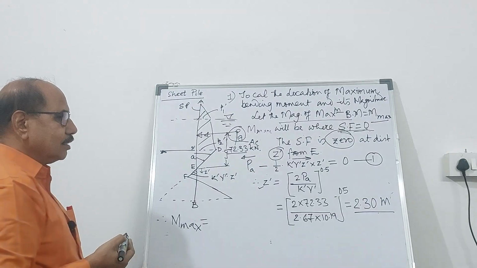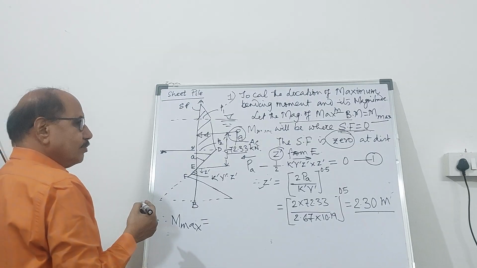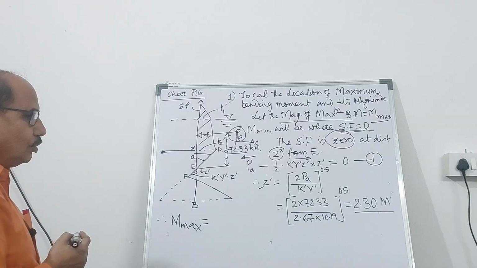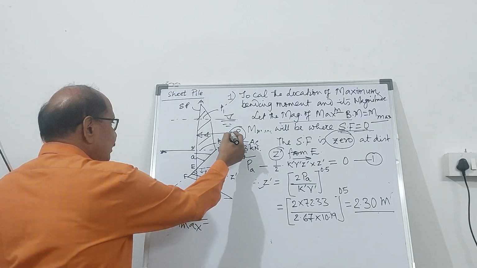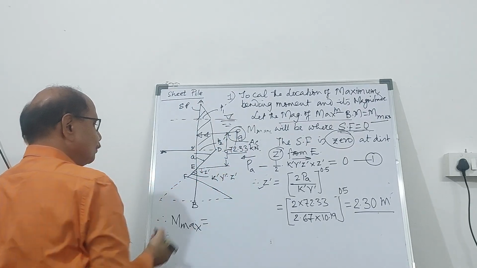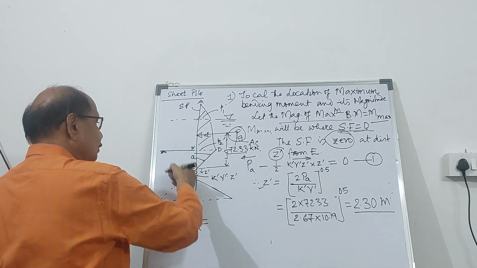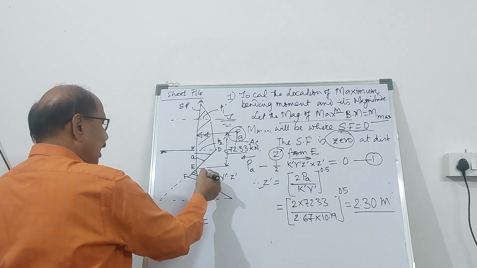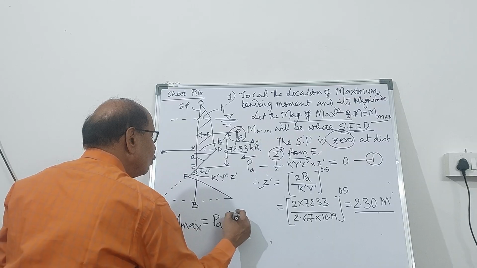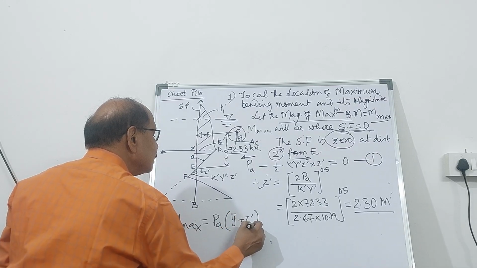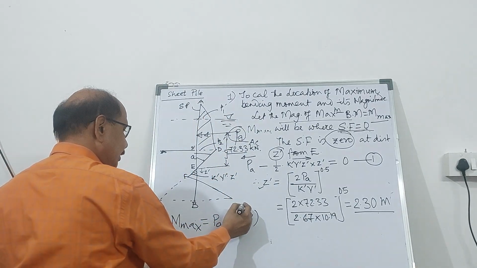So you know the value of Y bar. So having known the value of Y bar in the previous video, we are in a position to calculate the maximum moment due to PA at Z prime. How much will it be? It will be Y bar plus Z prime. So PA into Y bar plus Z prime. This will constitute an anti-clockwise moment.